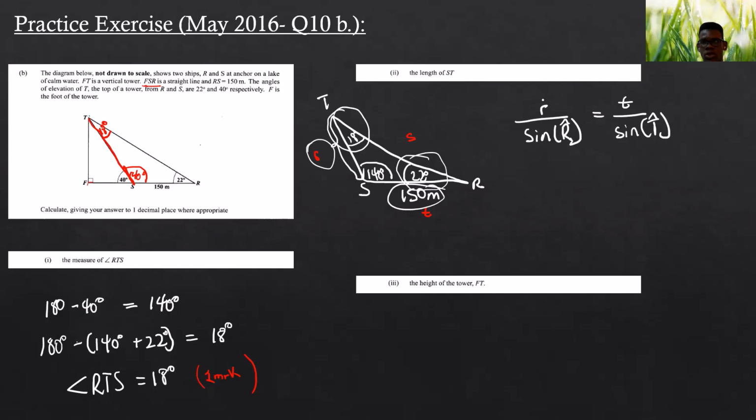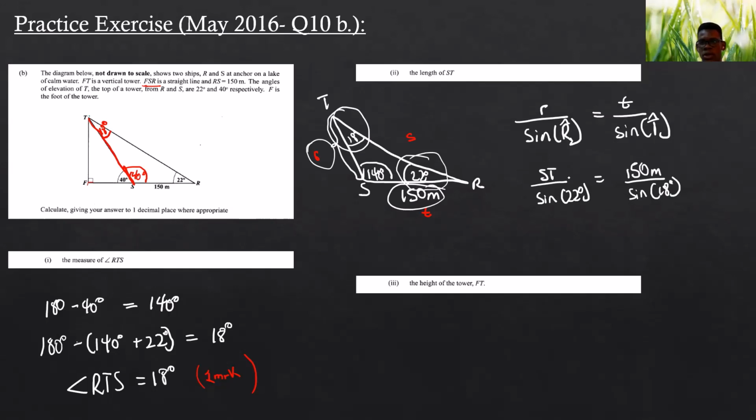So now we can substitute. r is ST, that's what we want to find, divided by sine, capital R is 22 degrees, is equal to t, 150 meters, divided by sine 18 degrees.